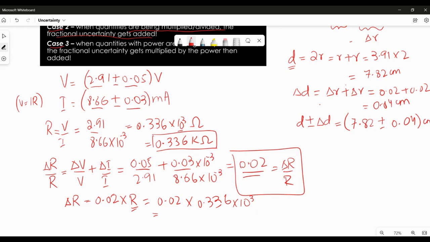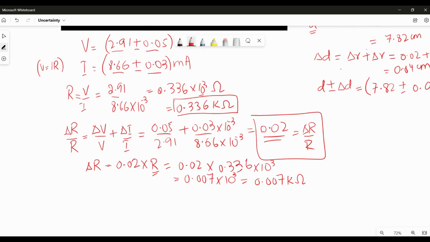If I do the multiplication here, I end up getting 0.007 into 10 to the power 3. Again, 10 to the power 3 is just representing kilo ohms, so I can write it as 0.007 kilo ohms, which becomes my absolute uncertainty in the value of R, which is delta R.